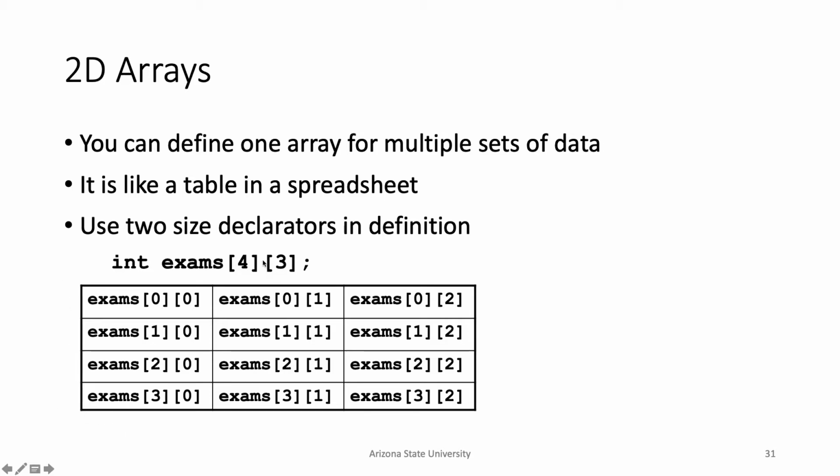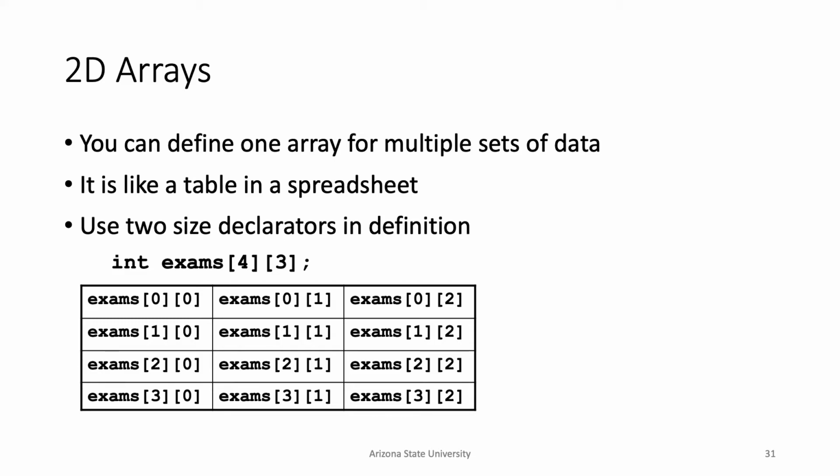So you can think of the first index as the row that we're looking at, either row 0, 1, 2, or 3, and the second one right here as the column index. If I have n elements right here and m elements right here, what is the number of elements in the entire 2D array?